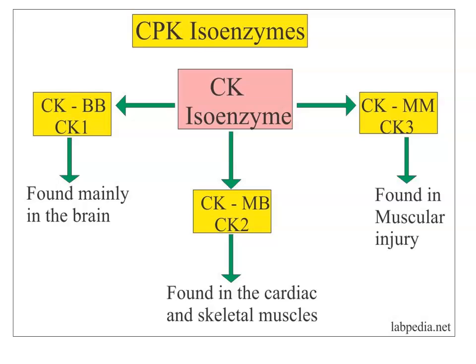Any cardiac muscle injury would result in increased levels of CKMB in the blood, and any injury related to the brain would result in increased levels of CKBB in the blood. So when we are measuring CPK, we should make sure the increased CK is not CKMB or CKBB, but only CKMM, in order to diagnose skeletal muscle injury.